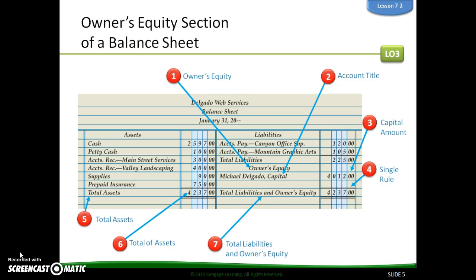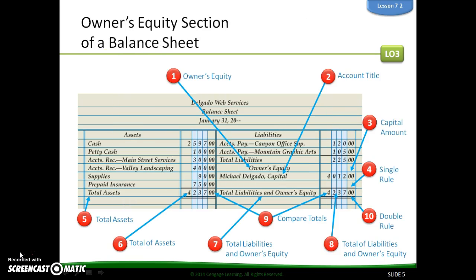Notice that when we totaled our assets, we did the single rule above the total, and then we did the double rule under both the assets and the total liabilities and owner's equity.